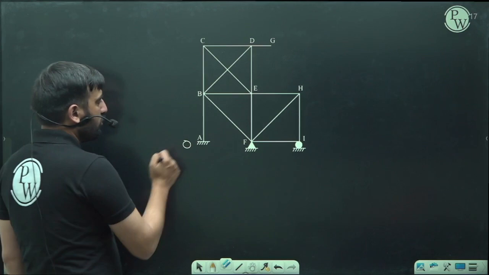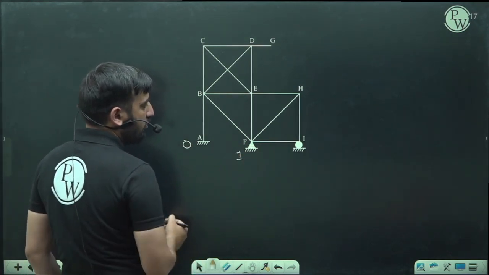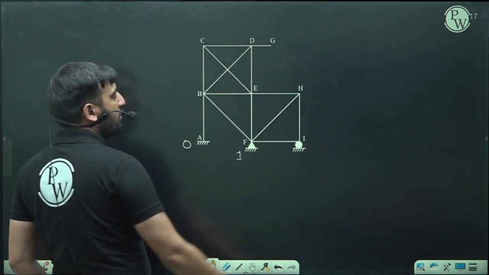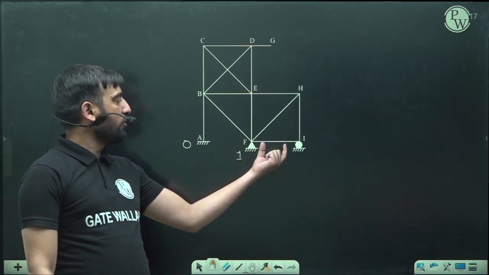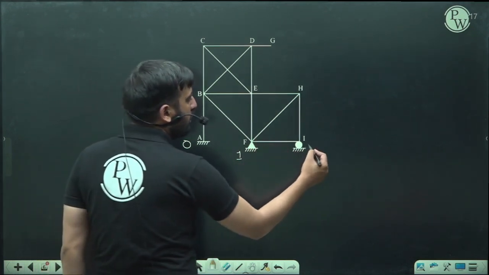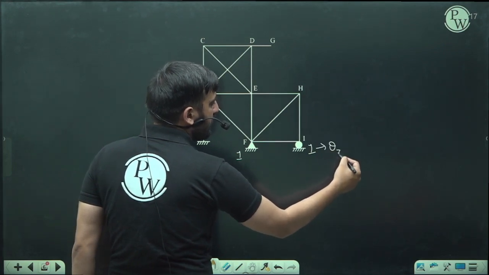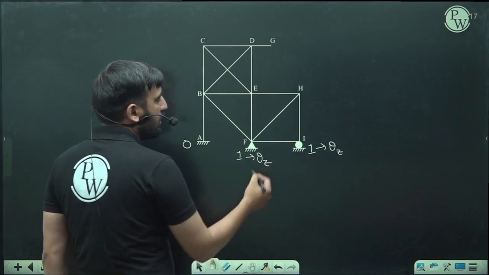Here fixed support 0. This is a hinge support, only 1 rotation is allowed. This is roller hinge, rotation and translation in x direction both are allowed, but due to the axial rigidity of the member, we are going to have only 1 here, that is theta z. Here also 1, that is theta z.